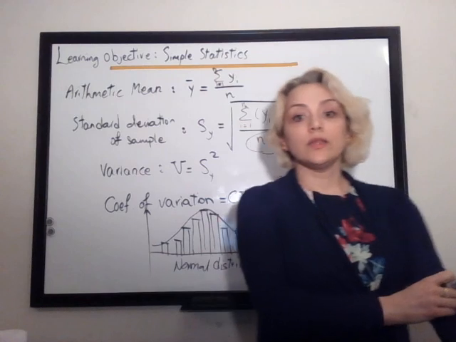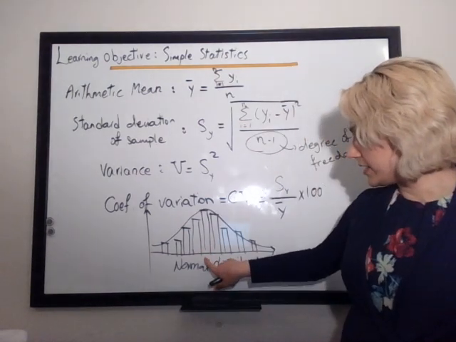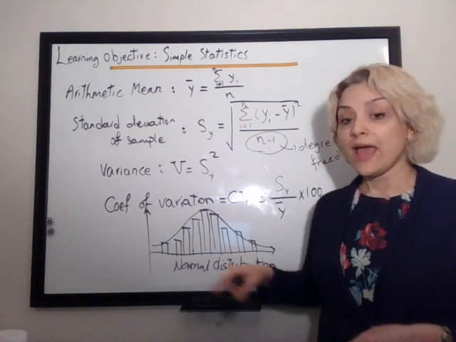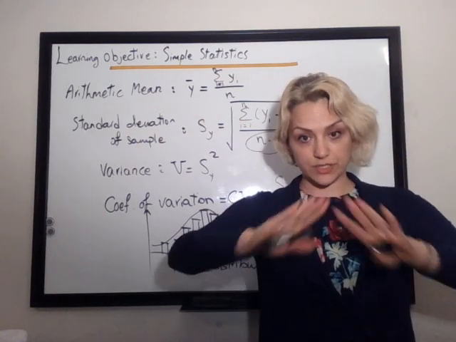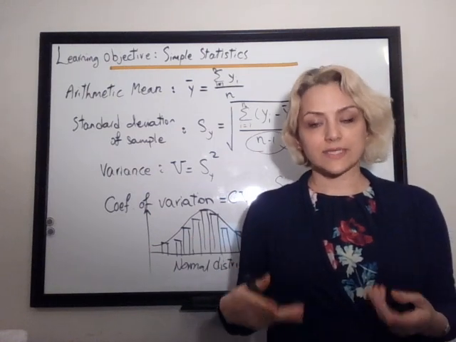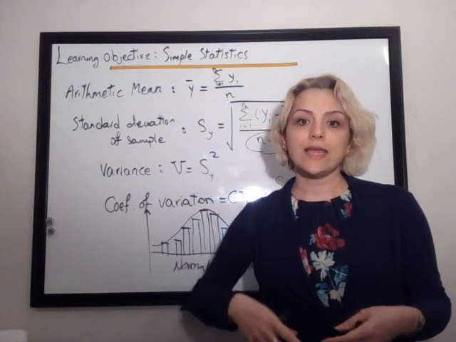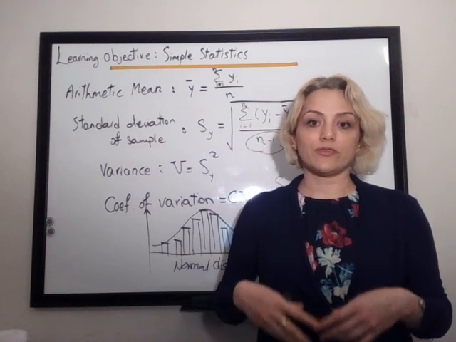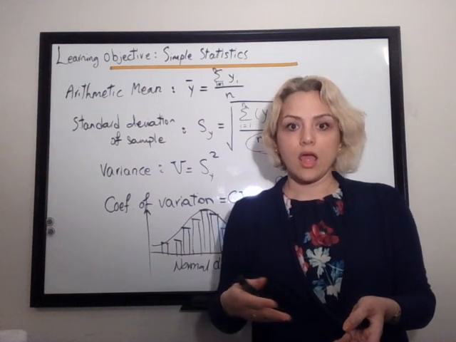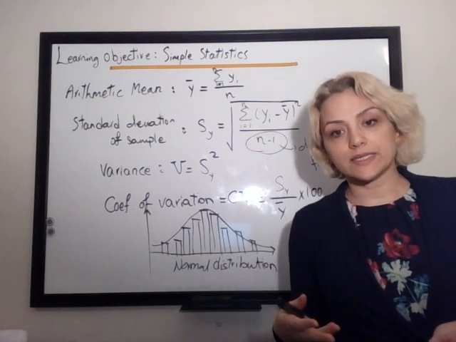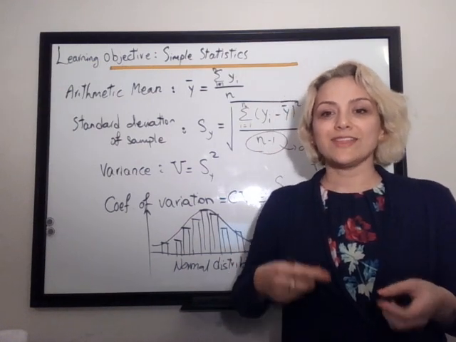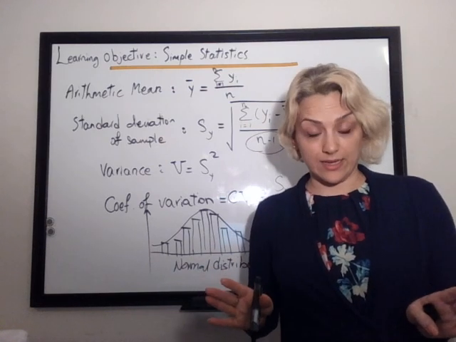So when we have a normal distribution, you can see that here is the central tendency, the mean value that we were talking about, and the standard deviation represents the spread of the data. For the normal distribution, 68% of the measured variables will fall within one standard deviation. 95% of the data points will fall within two standard deviations.